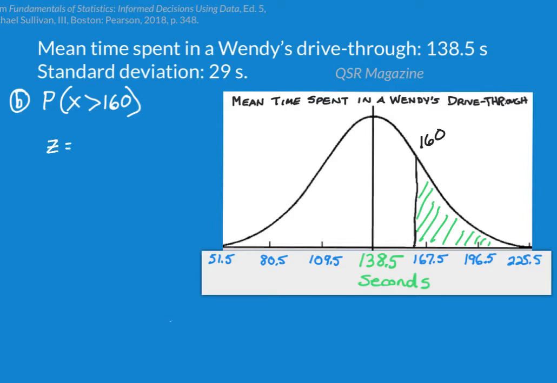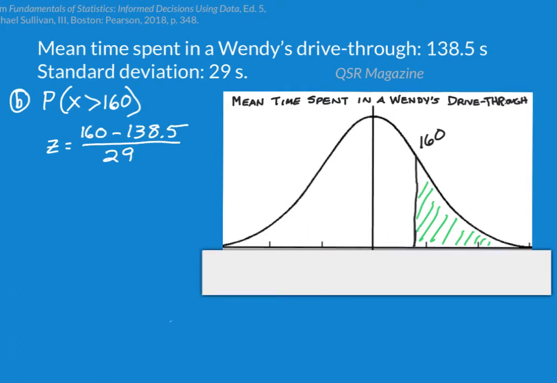Okay, so for calculating z for 160, we take 160, subtract 138.5, because that's the mean, and we divide by the standard deviation. And would you look at that? As soon as we do that, we no longer need the values along the bottom of our graph, because we're no longer graphing x, the random variable x.